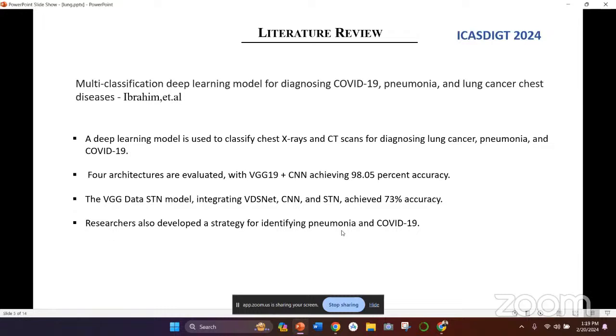The architectures are VGG19 and CNN, and this result achieved 98.5% accuracy. Other models also used the dataset with CNN and included LSTM, achieving 73% accuracy. Researchers also developed a strong model for identification of pneumonia and COVID-19.